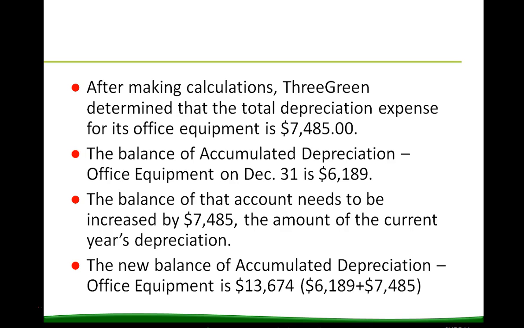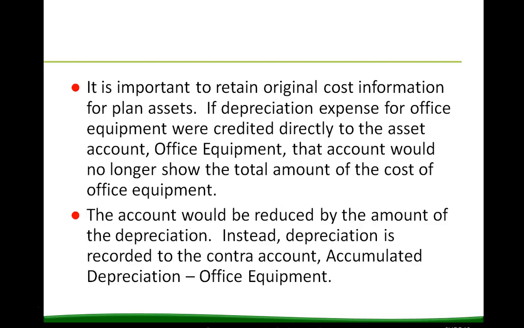So instead, depreciation is recorded in the contra account, accumulated depreciation office equipment. And I wrote that all right there. So we just have to retain the original cost information. We don't want to mess with that account because then we wouldn't know how much everything was worth when we first purchased it. So we have a contra account to handle the depreciation.